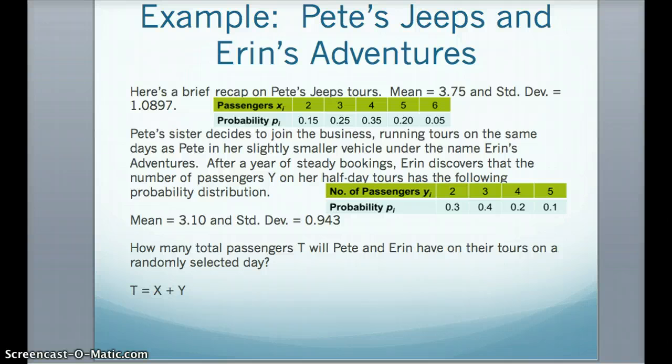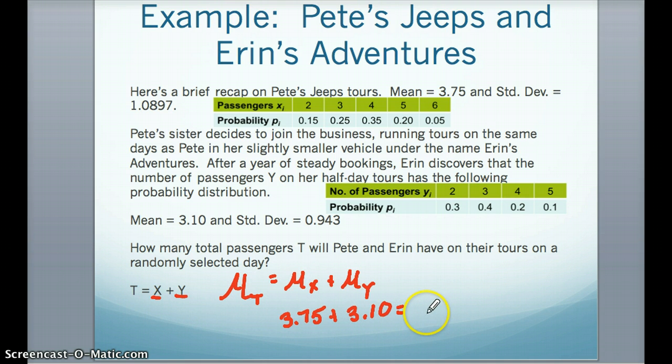So when we combine random variables, it's very simple. We are simply going to add together their means. So the mean of T is going to be the mean of the random variable X plus the mean of random variable Y. And so we're going to do 3.75 plus Erin's average passengers, and that's going to give me a mean of 6.85.